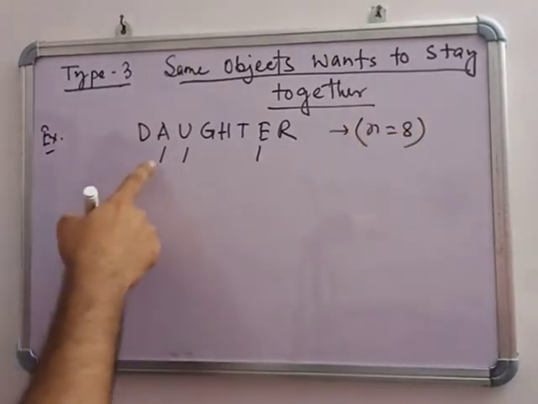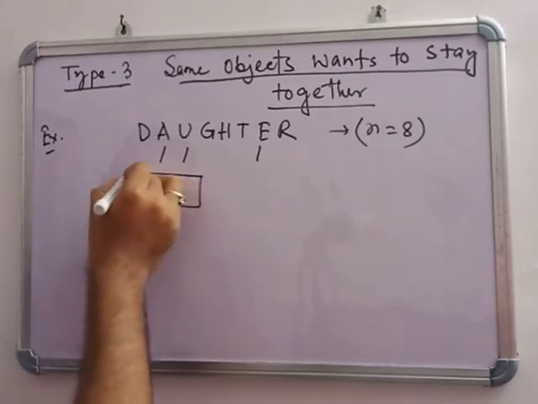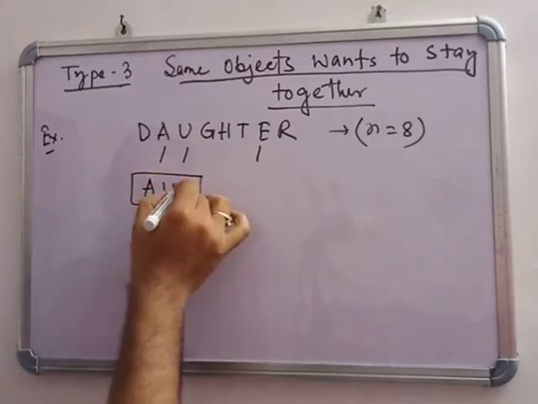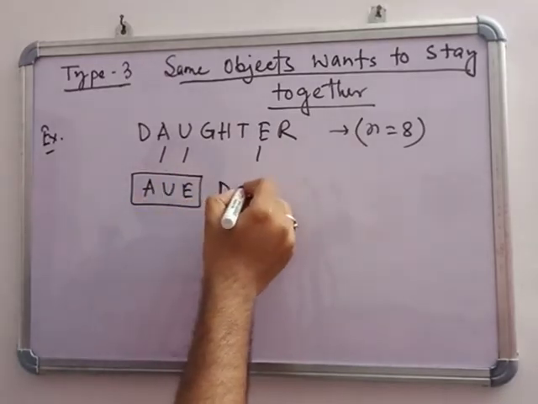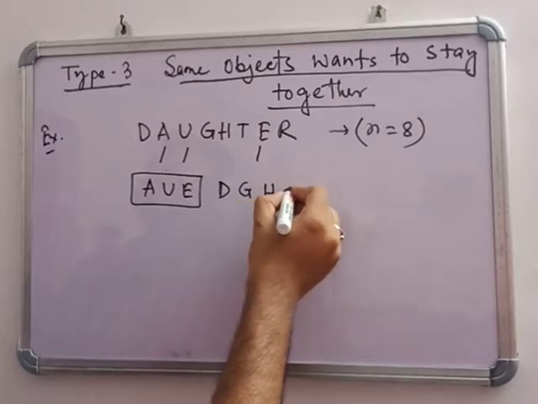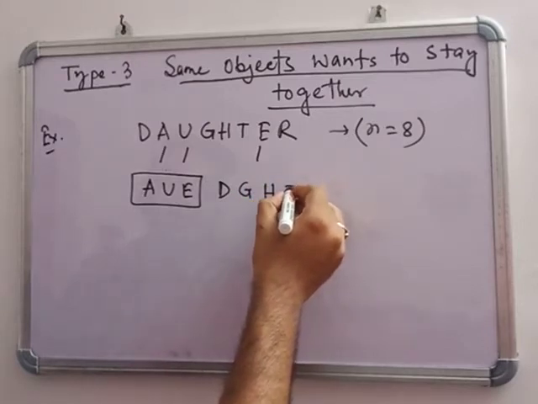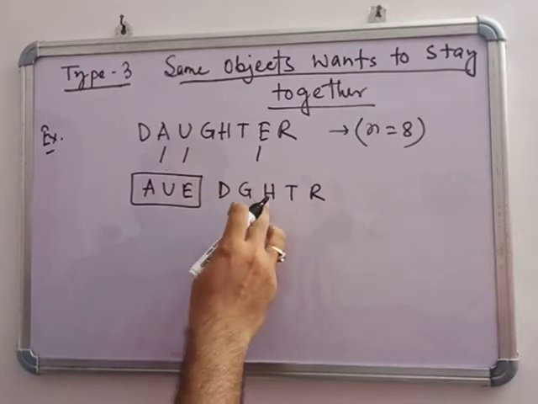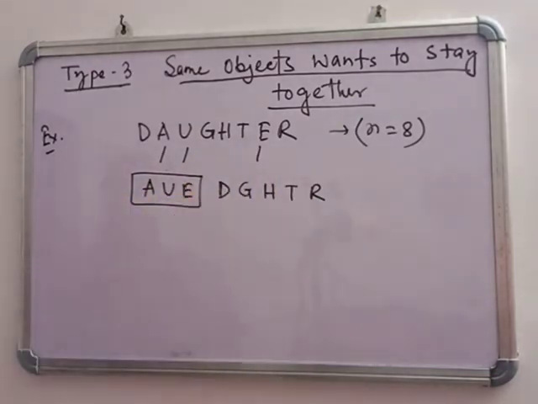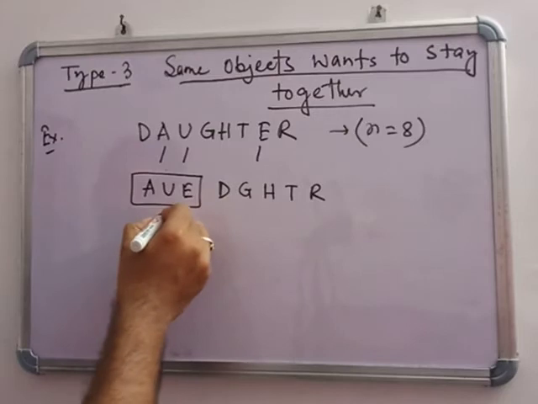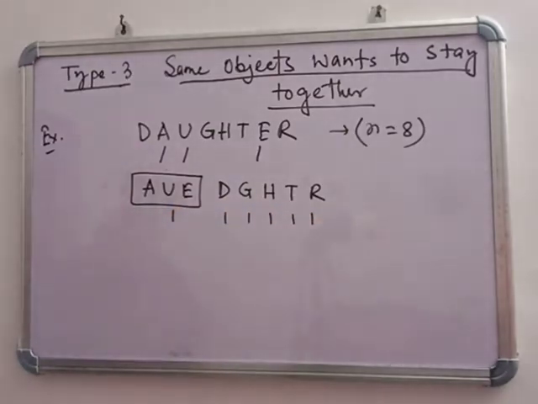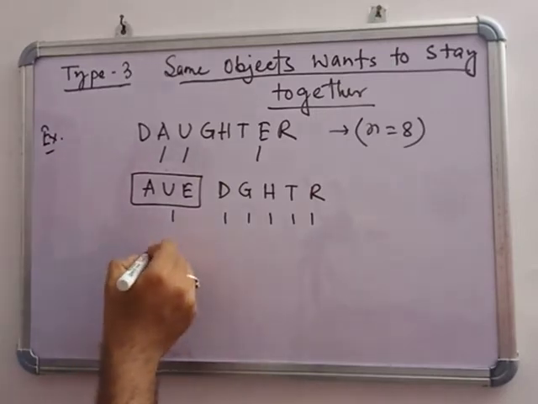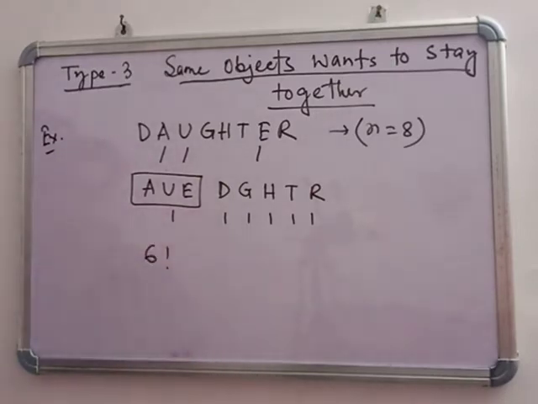Now if these are together, A, U and E are in one box, and the other letters are D, G, H, T, R. So there are 6 objects in total, and we can arrange them in 6 factorial ways.